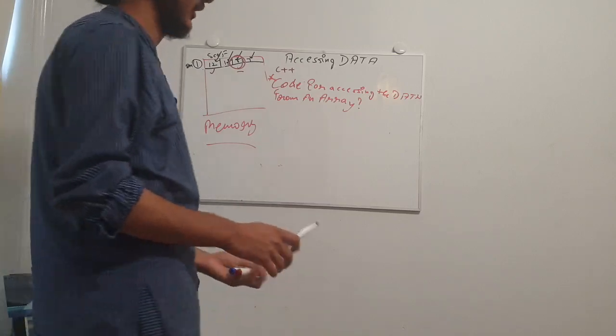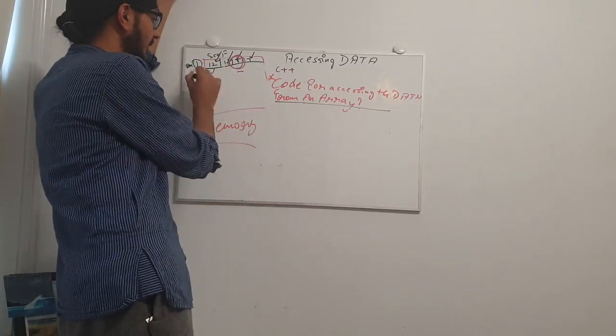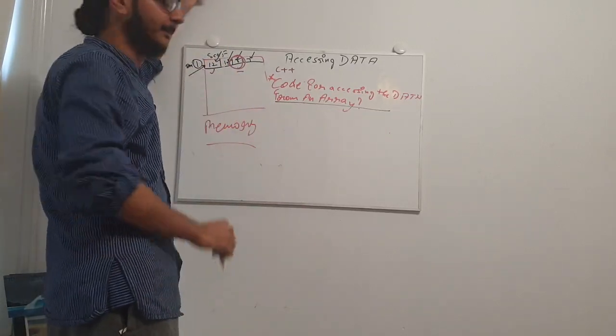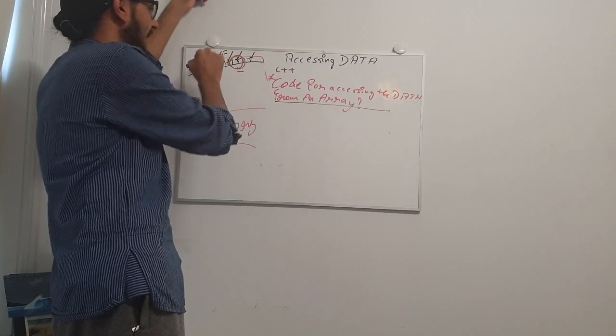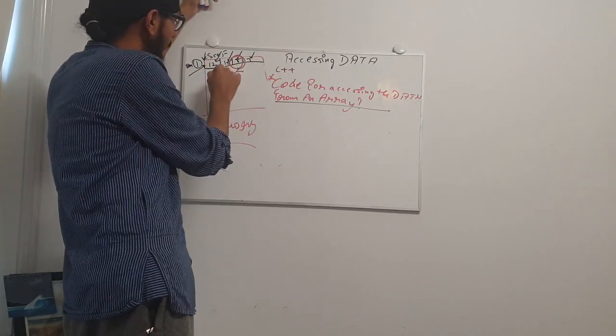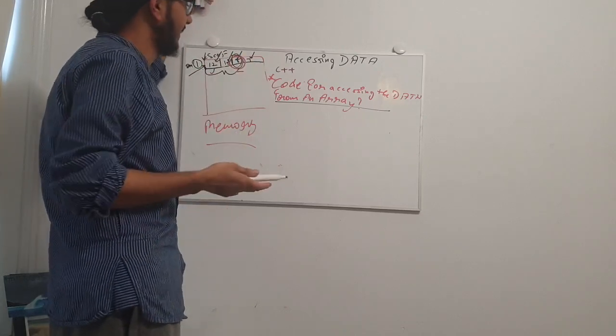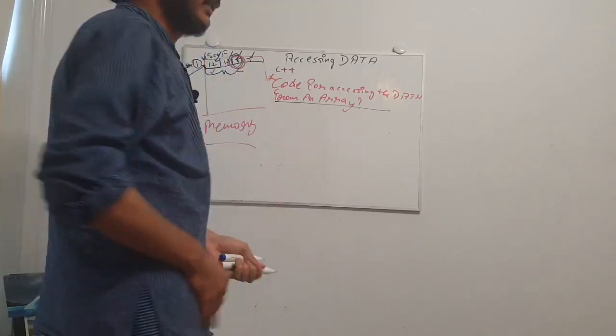But briefly I will be explaining what is the algorithm for doing this. The algorithm is, we will be accessing this location, our pointer will be at this point. From there we will be taking some certain offset to this position and will be accessing this data. That's it. This is accessing data.